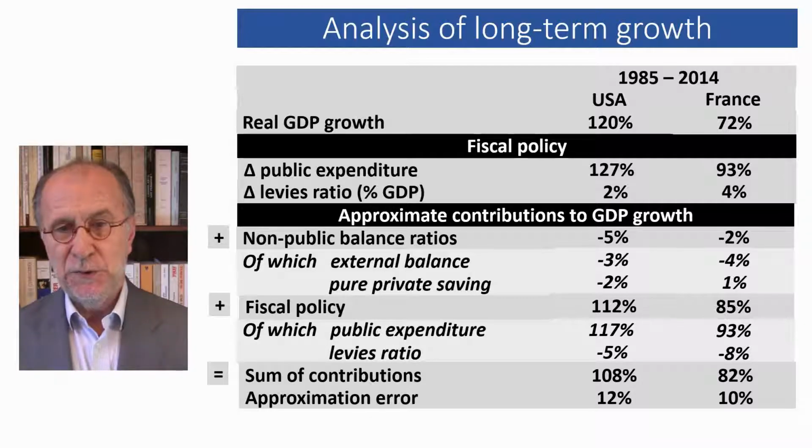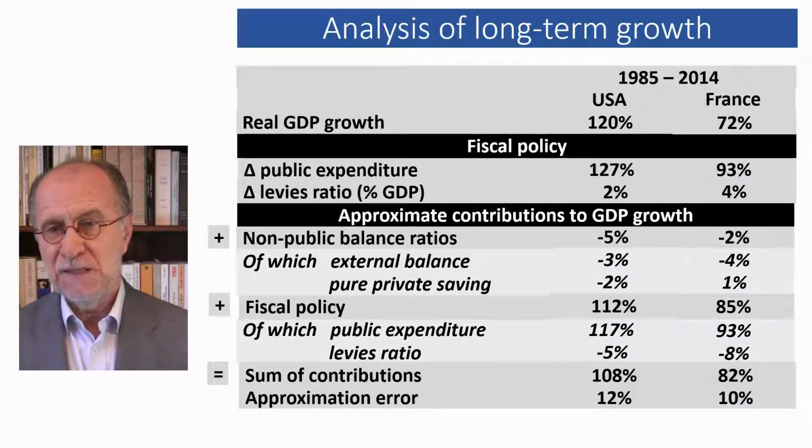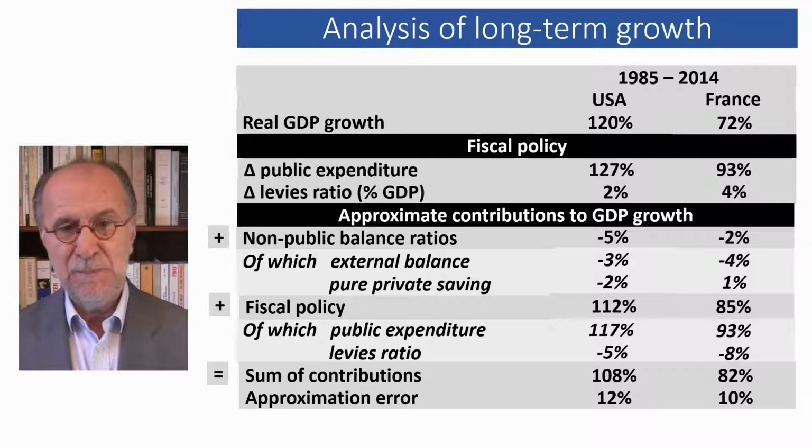You might argue that it's the relationships behind the model that make public expenditure the source of growth. The model is such that private sector expenditure is linked to private sector revenue via the pure private savings ratio, whereas the same is not true for public sector expenditures and revenue.